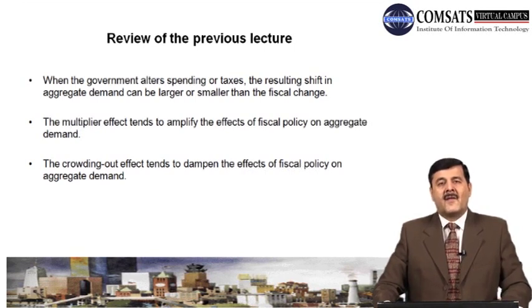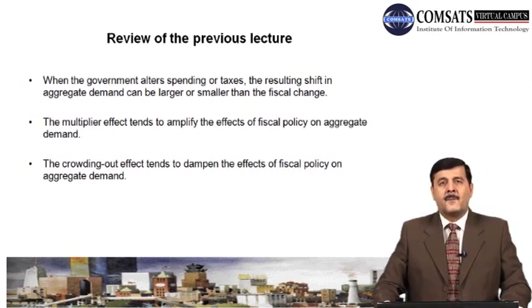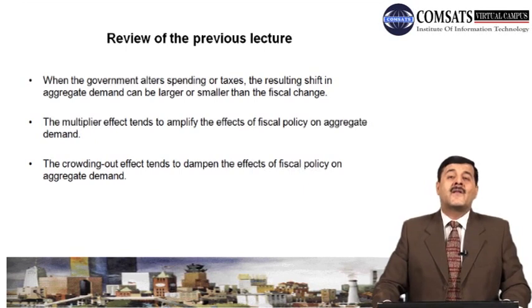We saw two effects: whenever the government changes its government purchases, its expenditure, it has two macro effects. One is the multiplier effect, the other is the crowding out effect. In the multiplier effect, we saw that the change in demand for goods and services is more than the change in government purchases. Suppose the change in government purchases is $1, the change in demand for goods and services will be more than $1.